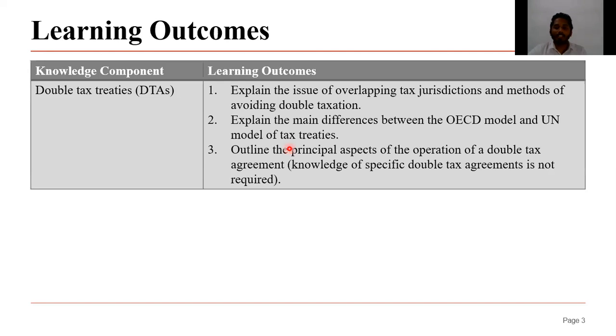You can also take Vietnam, because both India and Vietnam have a technical service fee article, so India and Vietnam are important in this scenario.